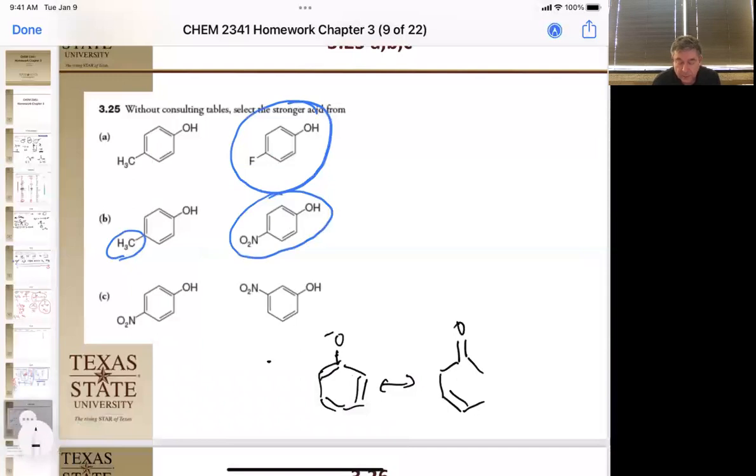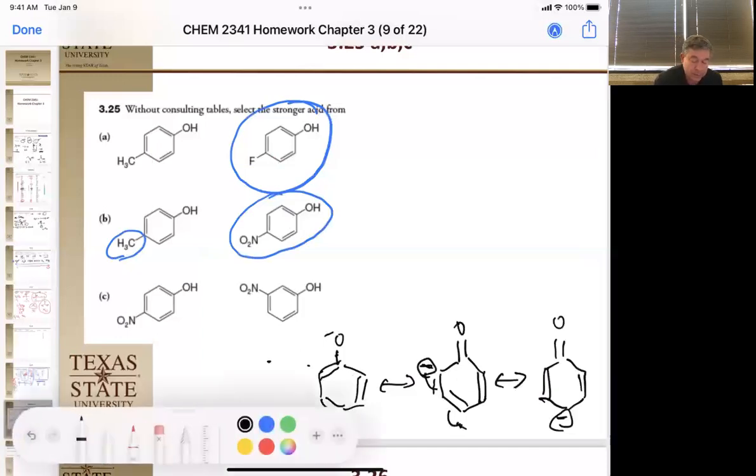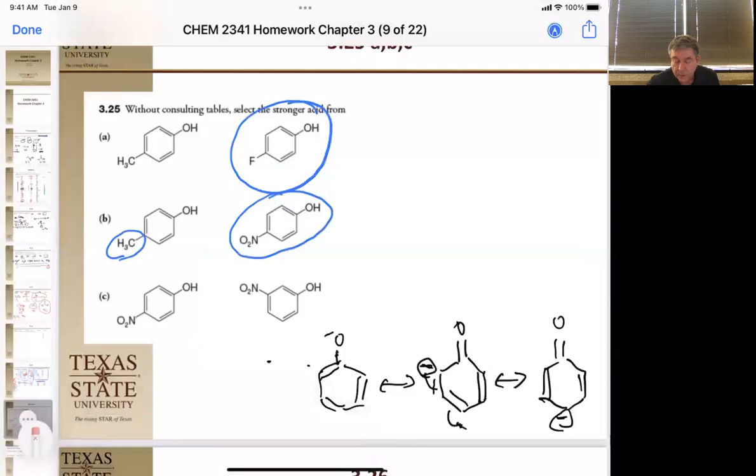These electrons will pop up to here, giving us a negative charge here on this other isomer. And then that's in resonance with moving these electrons down and these electrons up to give us a negative charge here and the double bond there. And then, of course, it'll go up the other side to give us the other one.